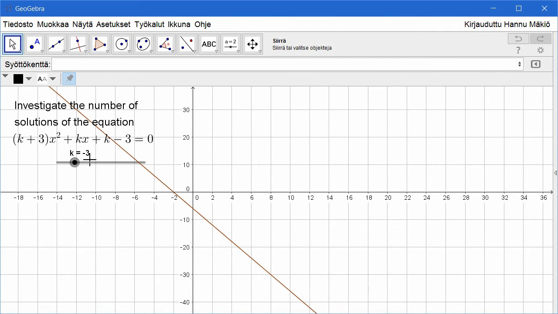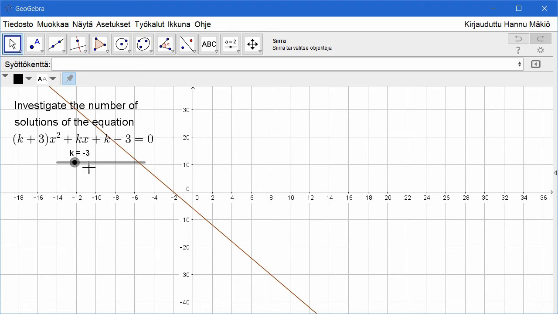If k is -3, then the function f is no longer a second order polynomial. The coefficient of x squared is k plus 3, so if I plug -3 there, it will be 0 times x to the power of 2, and it will be only a first order polynomial.